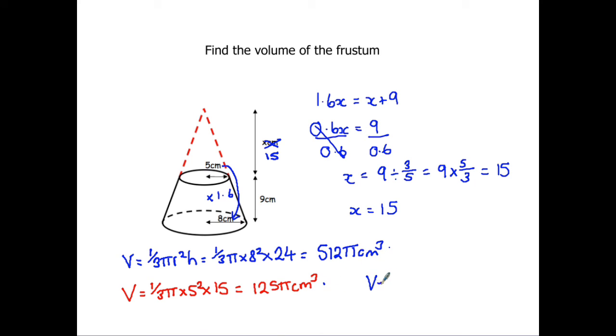So volume will be 512 pi, subtract 125 pi. And we can leave that nicely as an answer in terms of pi. So 512 take away 125 leaves us with 387 pi. And that is centimetres cubed.